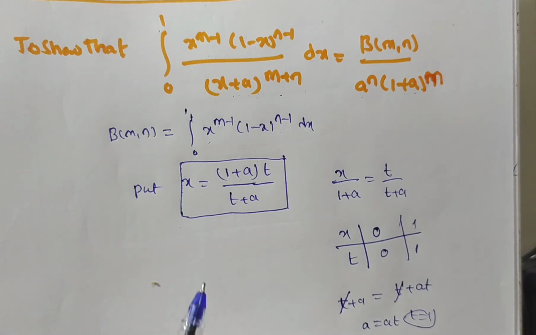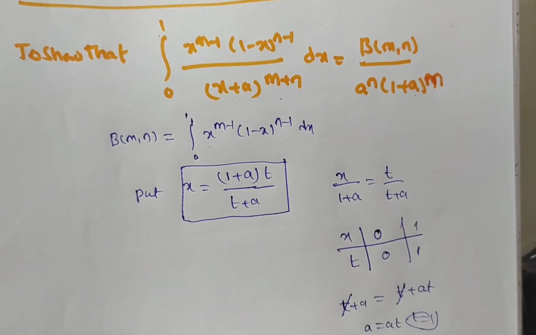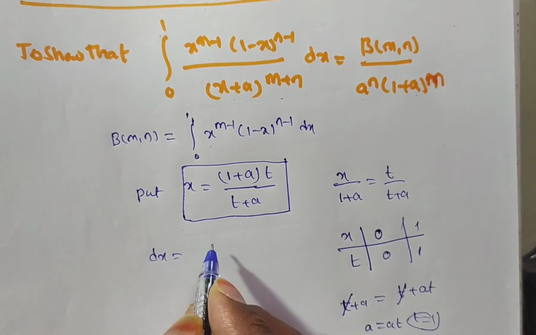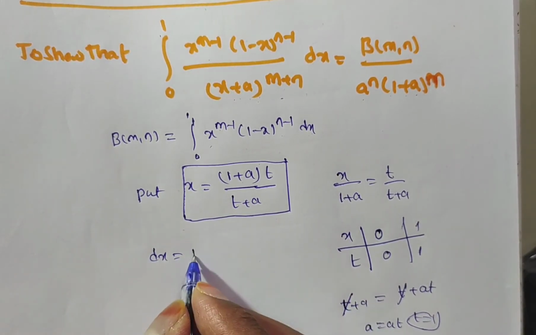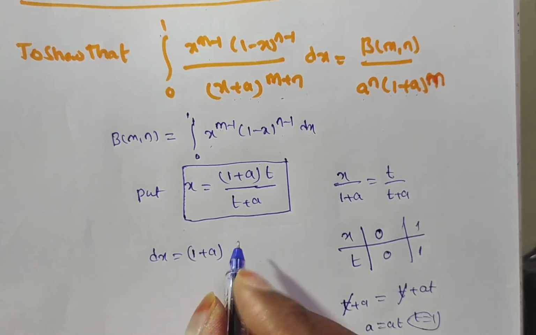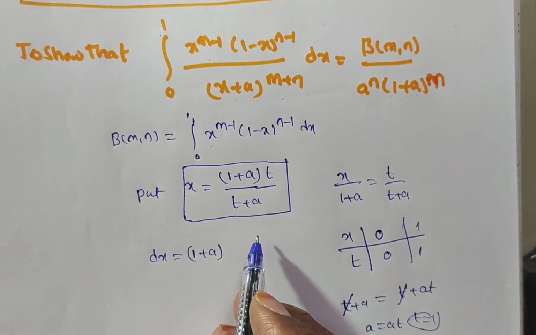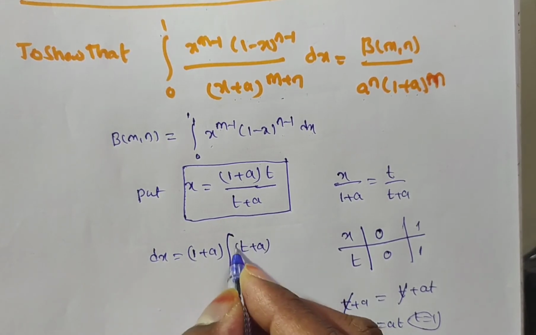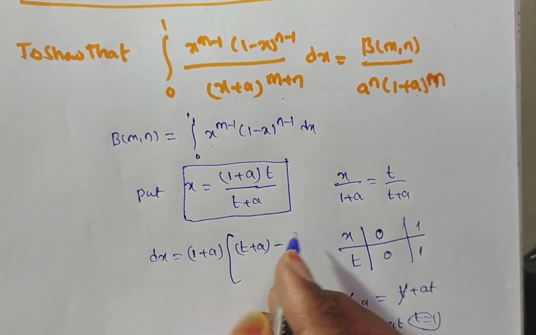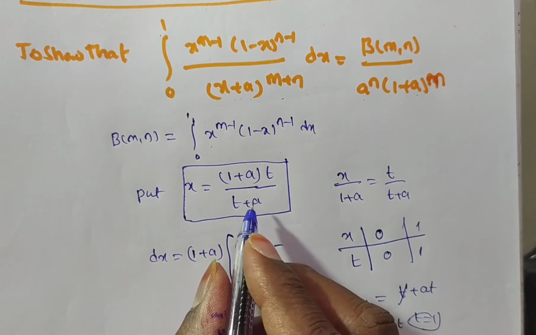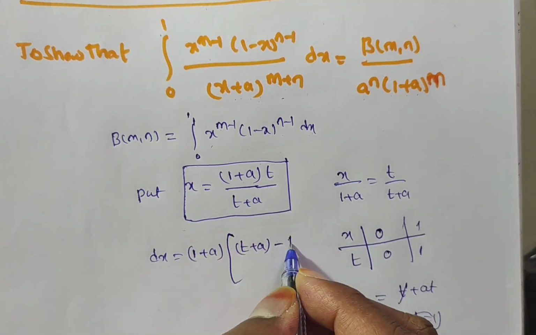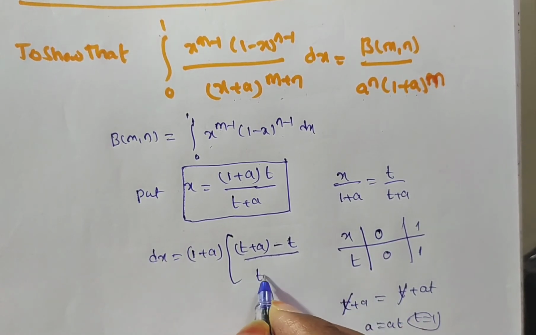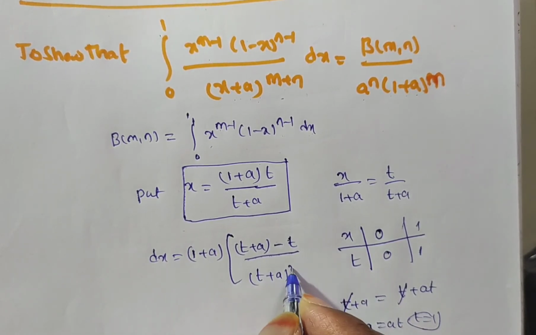Next, what you require to find? dx. You need to find out dx. So differentiate this one on both sides. dx is equal to, here 1 plus a is a constant. Now you have t by t plus a. So u by v rule: that is denominator into numerator derivative is 1, minus numerator into denominator derivative is 1, by denominator square, that is t plus a whole square.